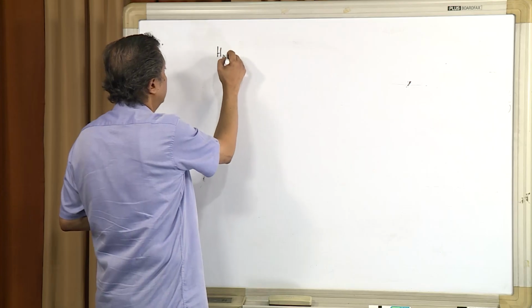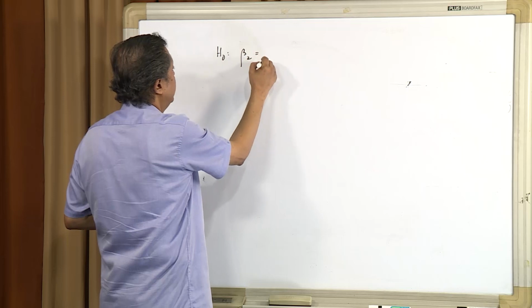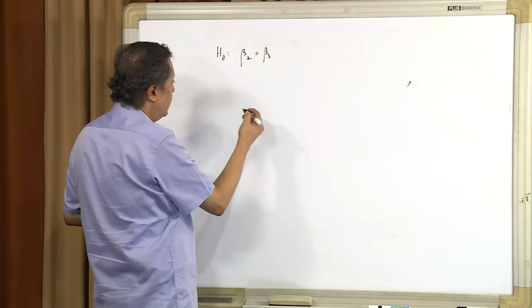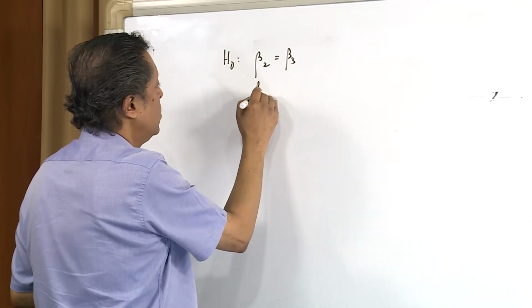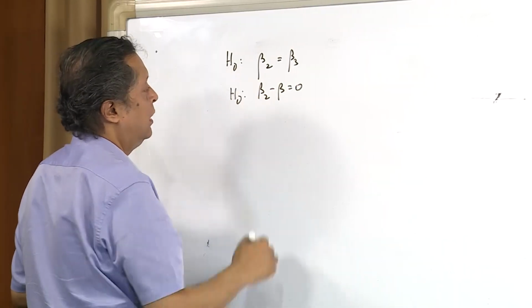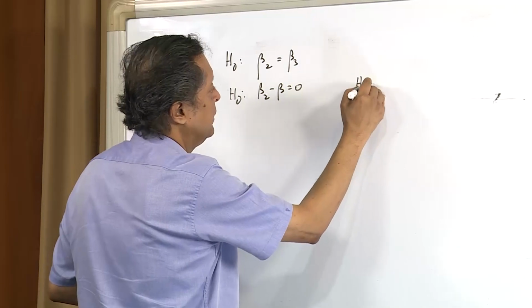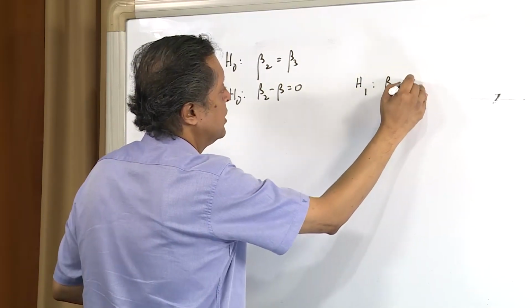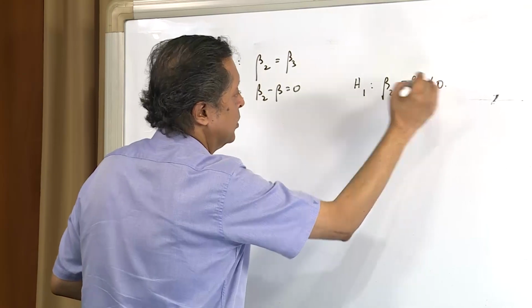H naught: beta 2 equal to beta 3, which means beta 2 minus beta 3 is equal to 0, against H 1: beta 2 minus beta 3 is not equal to 0.